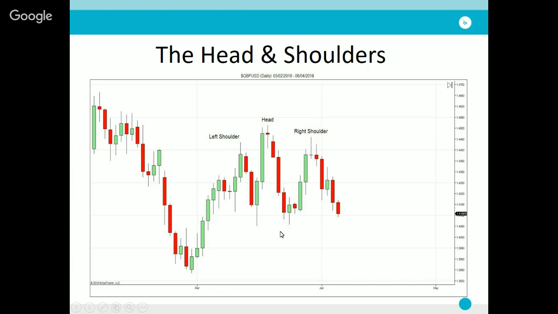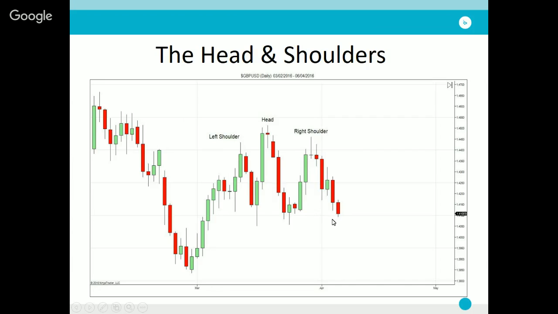So this is another really great example of an instance where we can anticipate a head and shoulders pattern developing. We get in at the right shoulder using this price action signal to confirm what we anticipate will be a head and shoulders pattern.